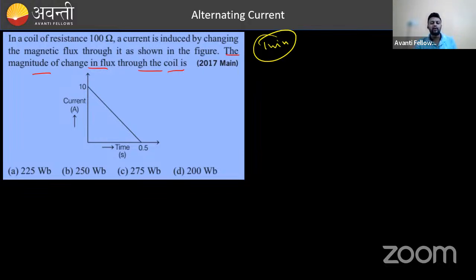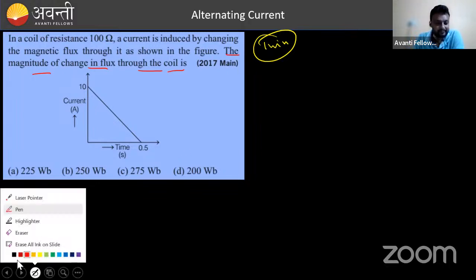So just don't look at the formulas in the AC chapter. This question belongs to the EMI chapter. So this question is here to check your previous knowledge. I hope you can solve the question.